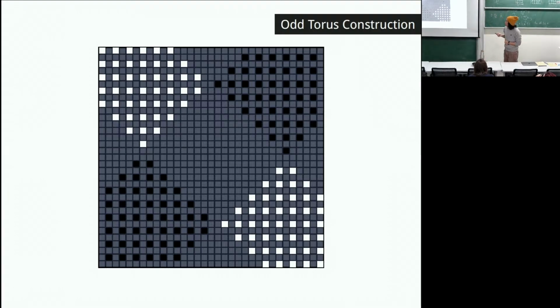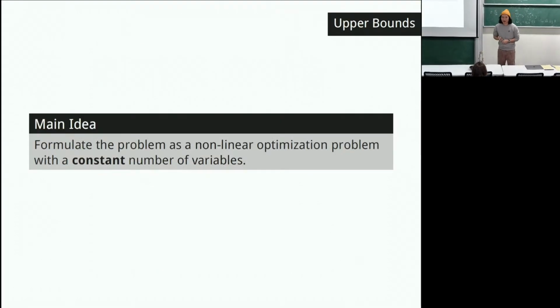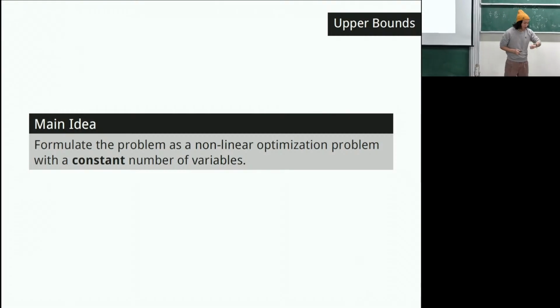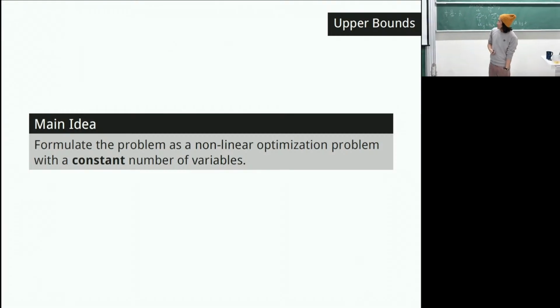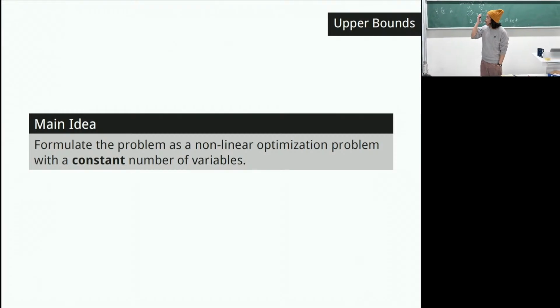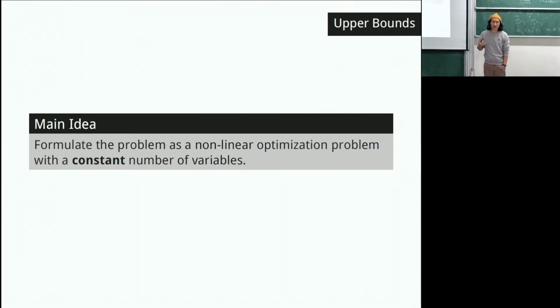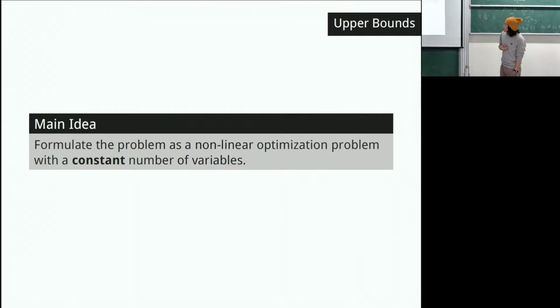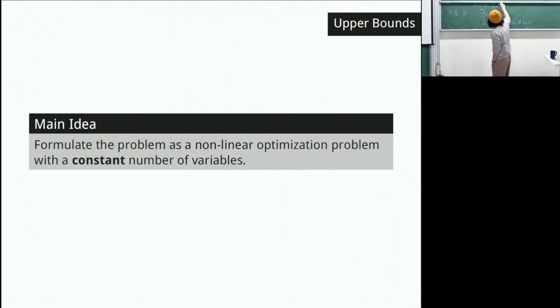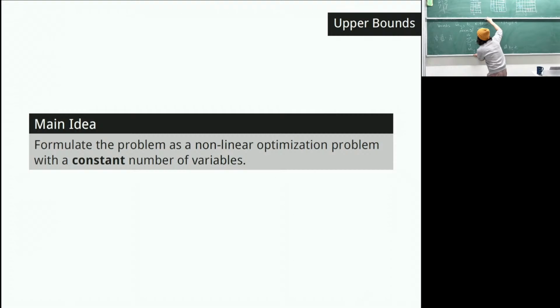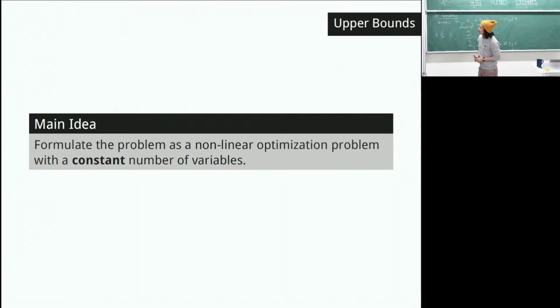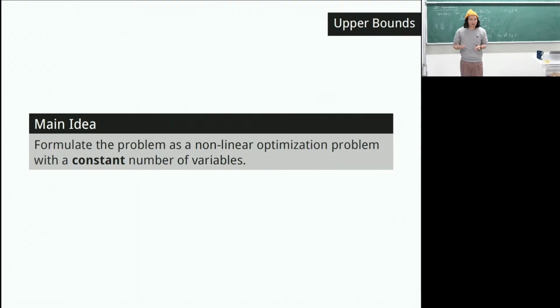Okay, now let's go to the upper bounds. I didn't say how we do it. The main idea is to formulate the problem as a non-linear optimization problem. This was the IP that I didn't finish, with only a constant number of variables.